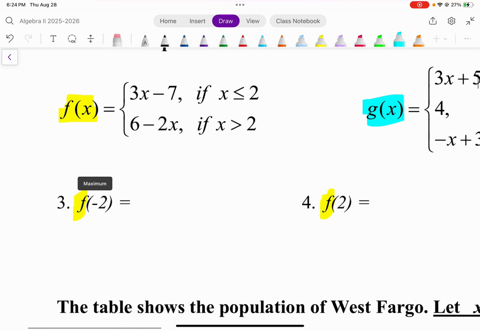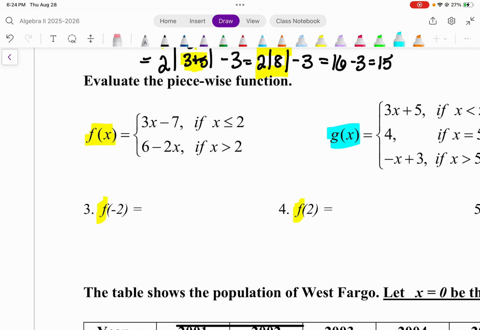Now, when we're deciding which part of the function we're going to use, we have to look at the inequalities. So this one here, we have f of -2. So we have to look at which inequality, if we were to plug in -2, would it be true? So if we checked here, if we put -2, is that less than or equal to 2? And that is.